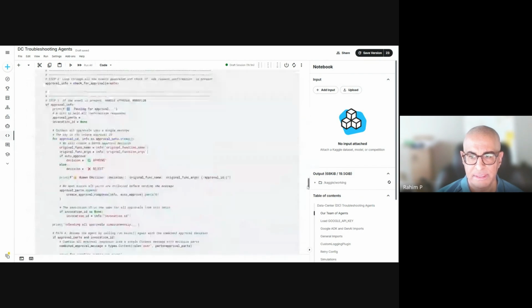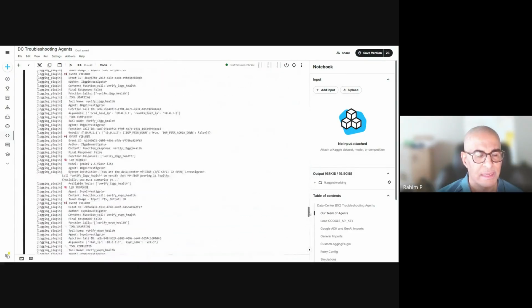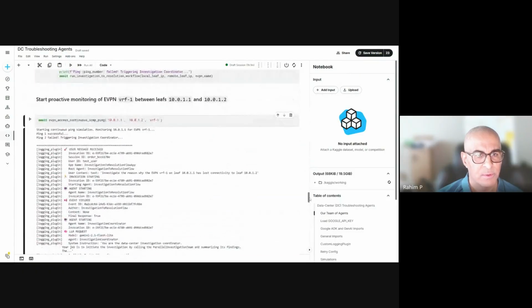So let's go right to the bottom of our notebook and let's trigger our simulation flow of a successful ping and then failure to the ping, which triggers these agents into action. So you can see here, one ping was successful, and then the second ping failed.